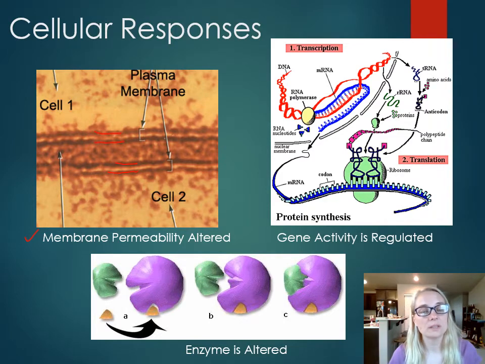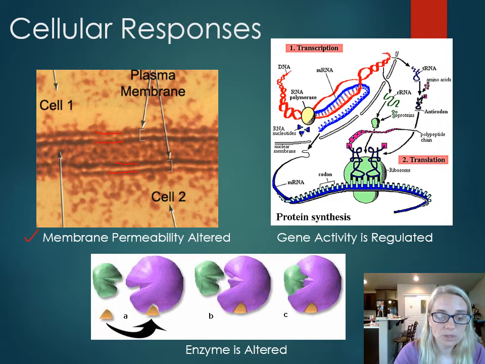In our ion channel linked receptor, the neurotransmitter came in, bound to the receptor, opened the channel, and sodium rushed in. You've just altered membrane permeability. That's a cellular response, and it's sometimes enough to activate a target cell. It's how your neurons are signaled to fire and how your muscles are signaled to contract, by opening ion channels, letting ions flow in or out.